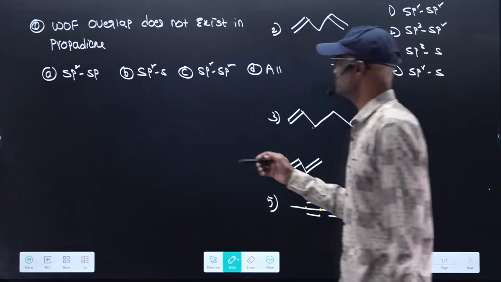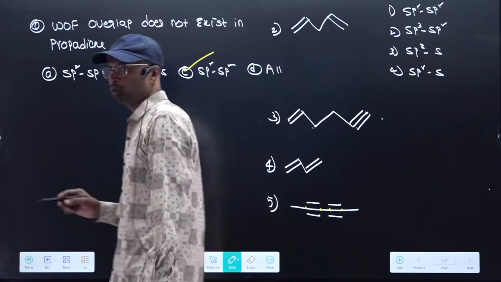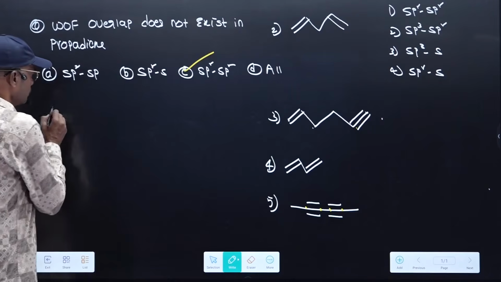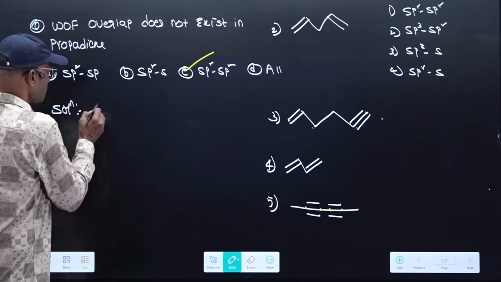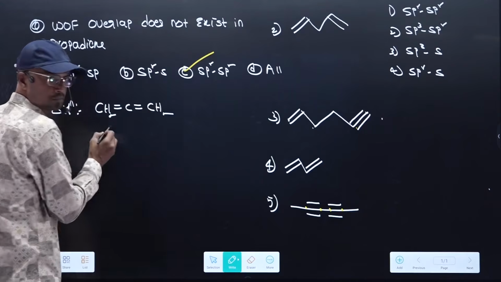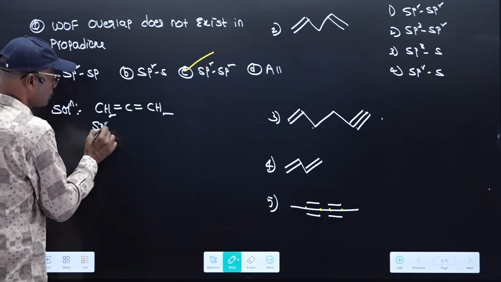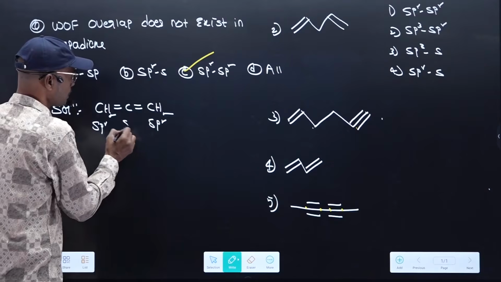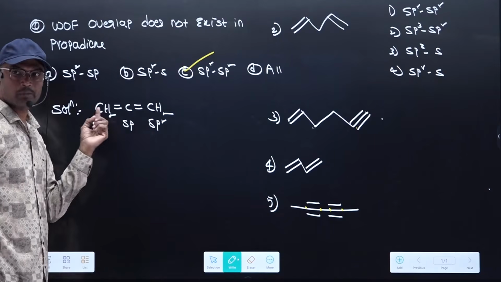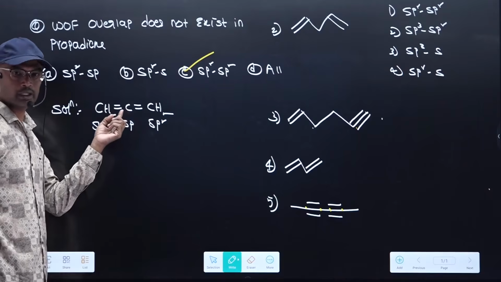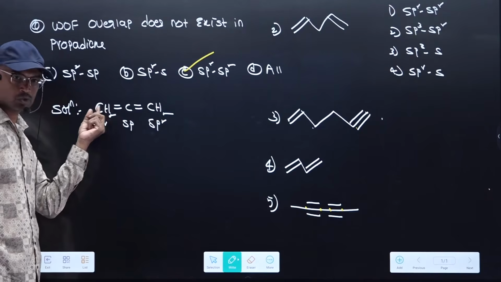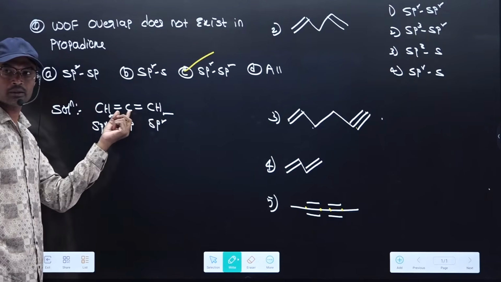Answer is C, because two sp2 carbons are separated by one sp carbon. This is sp2 or not? sp2 carbon, and here also one sp2 carbon. This is sp. Two sp2 carbons are separated by sp. So I can say that there is no sp2-sp2 overlap. Are these two sp2 carbons connected together?